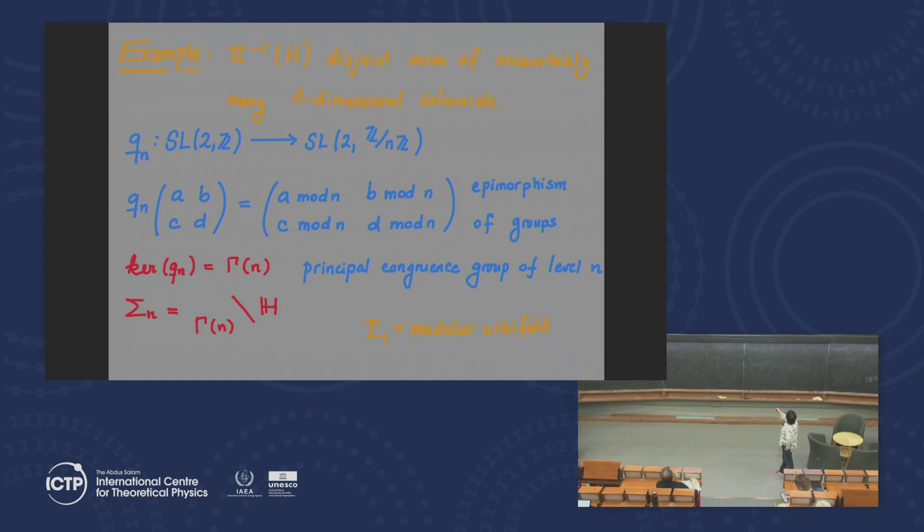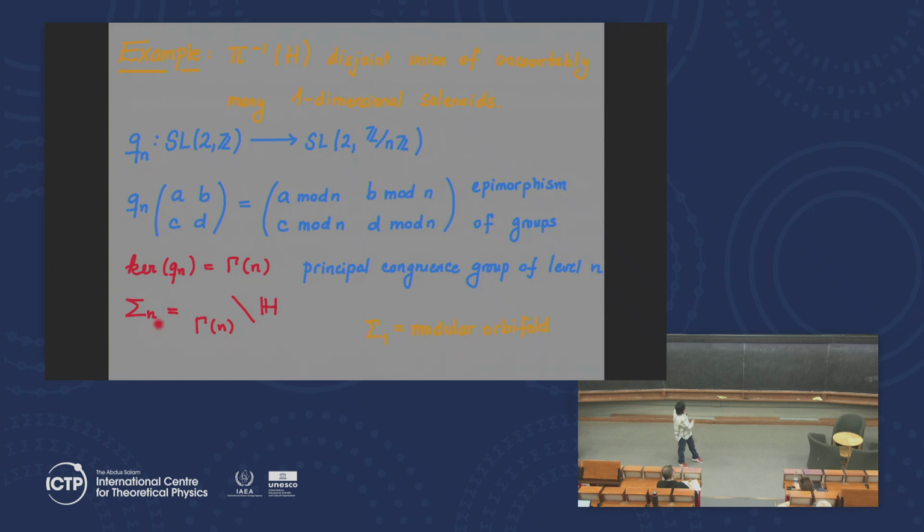This is a morphism of groups, and it's surjective. If you take the kernel of this morphism, called gamma n, this is called the principal congruence group of level n, and it's of course a normal subgroup of SL2Z.